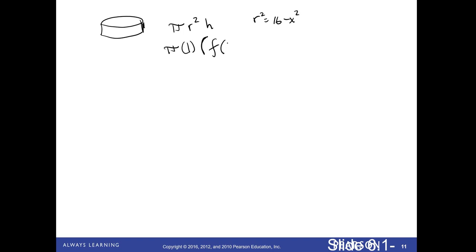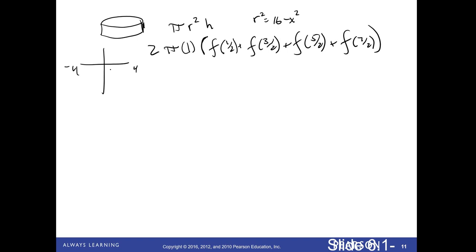So I'm going to do f of 1/2 plus f of 3/2 plus f of 5/2 plus f of 7/2. And I'm going to do 2 of those because remember, instead of going from -4 to 4, I'm just going from 0 to 4 and then doubling it. So that's what I need.